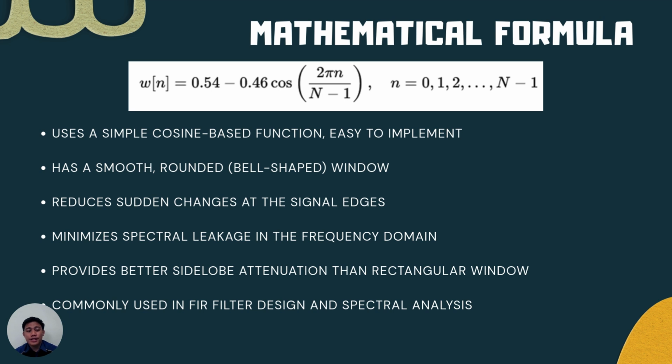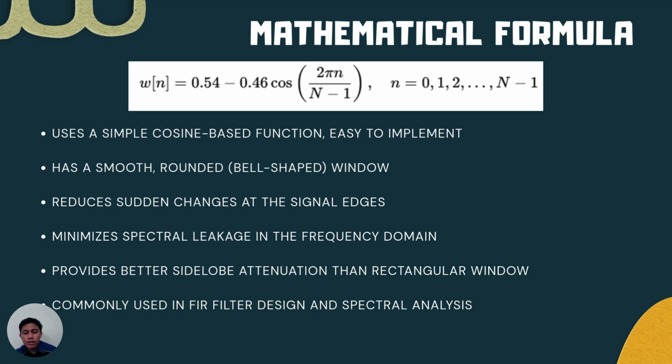The first point is it uses a simple cosine-based function, easy to implement. The window is a simplified cosine-based function, making it easier to implement while maintaining good performance in signal processing applications. It has a smooth, curved shape with rounded edges, reducing signal discontinuities. Next, it has a smooth reduced bell-shaped window.